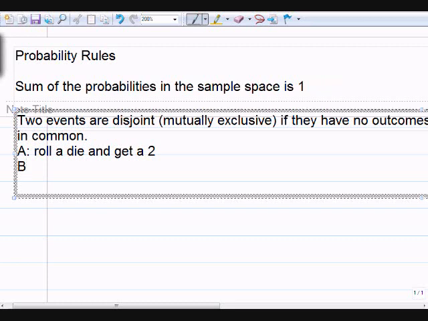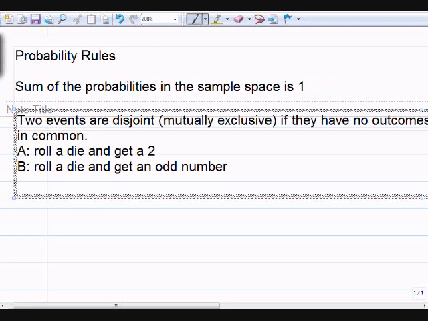I'm going to call event B, I'm going to roll a die and I'll get an odd number. Are events A and B mutually exclusive?